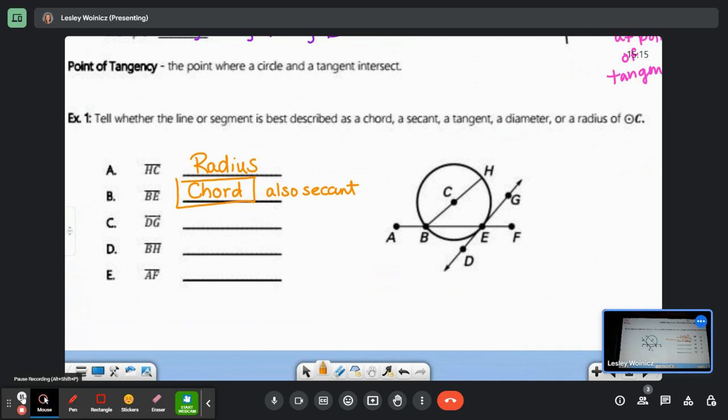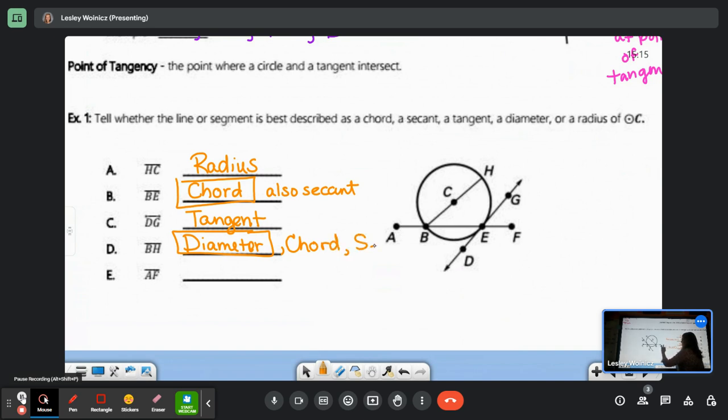All right, what about line DG? Tangent. All right, what about segment BH? Diameter, it is the most specific. Okay, but we also know that every single diameter is also a chord and a what?